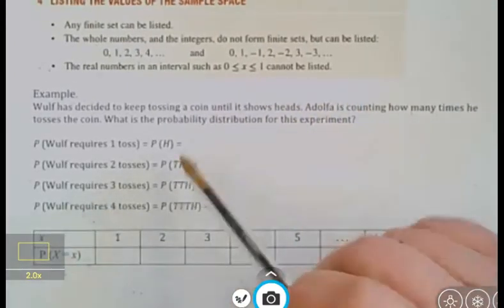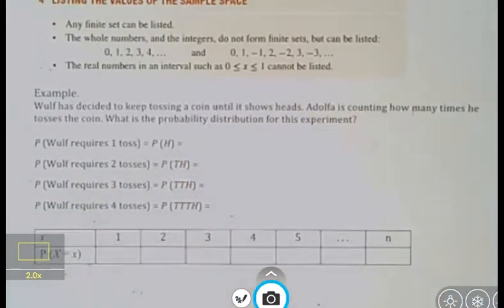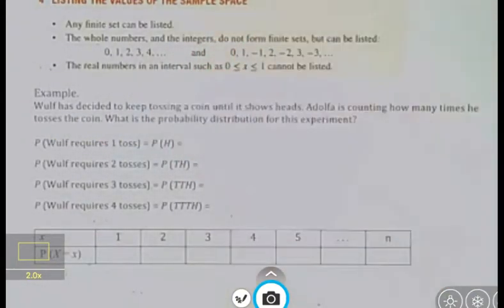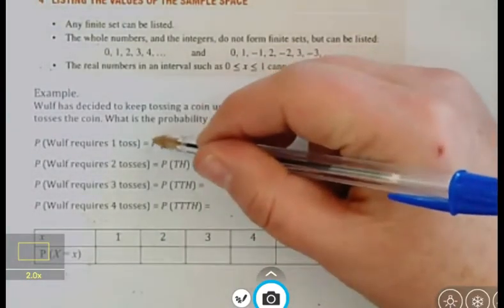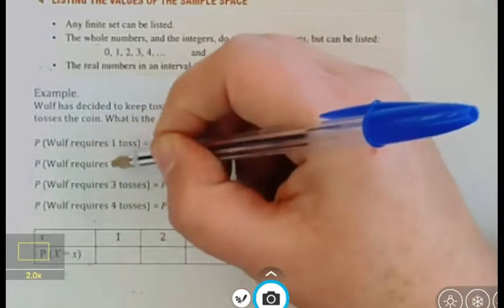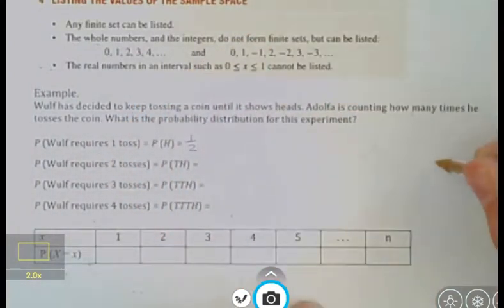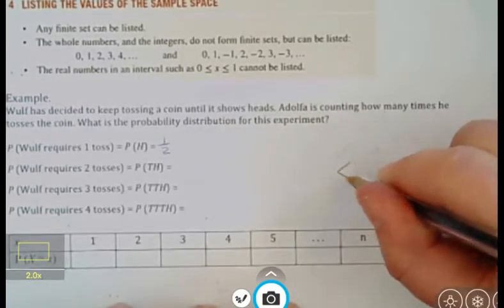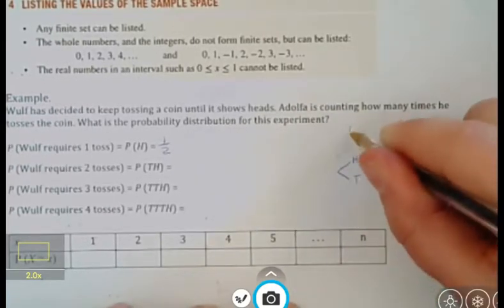He could get a head on the first toss, or he could get a head on the second, or on the third toss or the fourth or the fifth or the nth toss. So the probability that he requires only one toss to get a head would be the probability of a head, which is just a half. Now the probability that he requires two tosses, if I start drawing up a tree diagram: head, tail, that would be one toss.